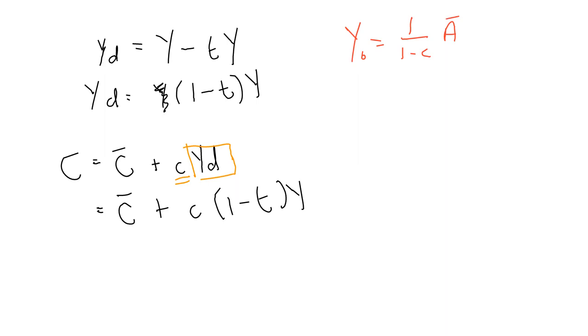But now we've realized that c is not by itself. So it's c, 1 minus t, and obviously multiplied by Y, and we still multiply this by your autonomous spending. Okay, so this is our new formula when we add taxes.